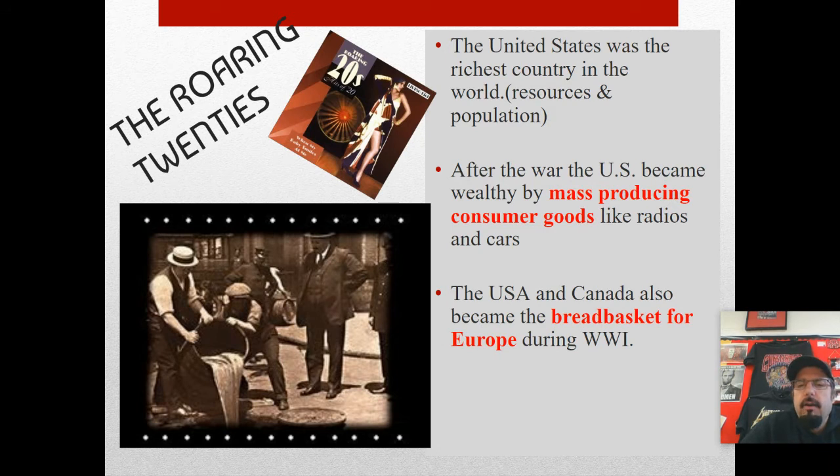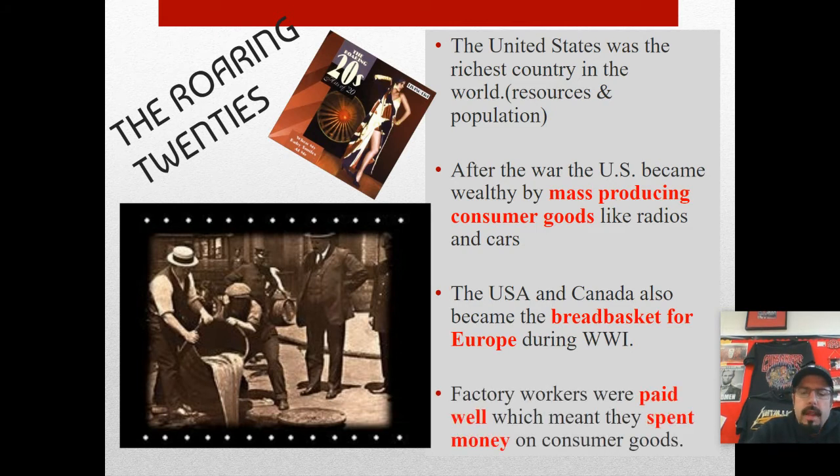The United States and Canada also became the so-called breadbasket for Europe during World War I, and factory workers at the time were paid relatively well, which meant they spent their money on consumer goods. And I'm being very simplistic here. It's a lot more intricate than that, but I'm just glossing over and hitting the high points.